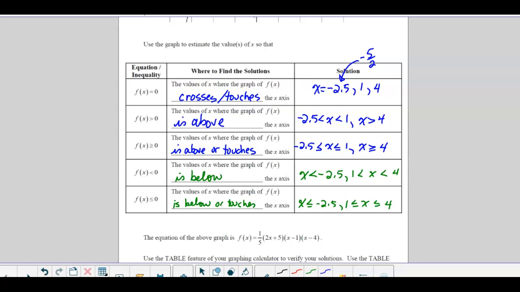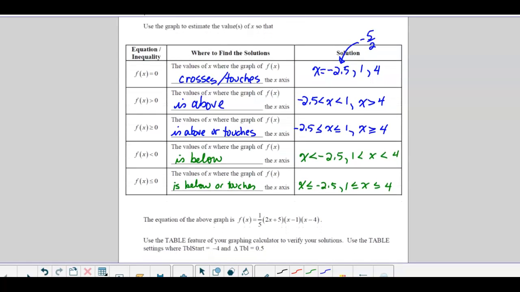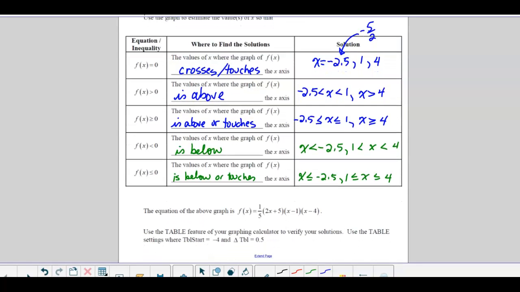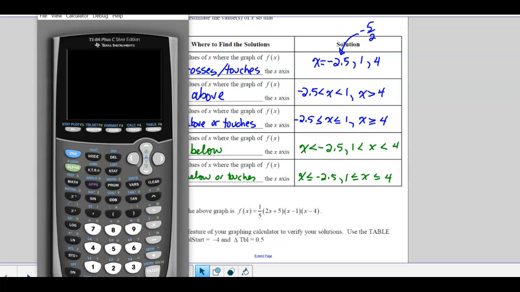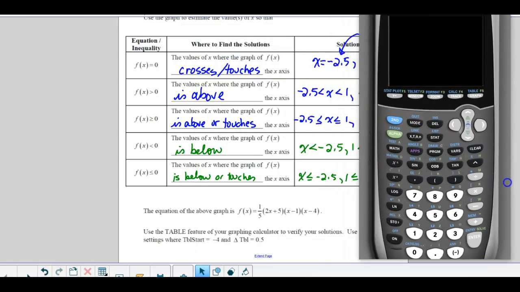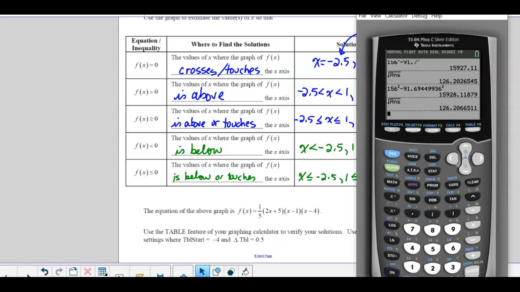Okay, then it gives us the equation of that graph, and it says to use the table feature in your graphing calculator. So let's do that. We haven't talked about the table feature much. I don't use it that much, but it might be good for checking this out.